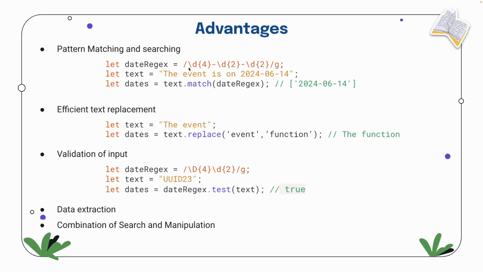You are seeing a regular expression with some other symbols; these symbols we are going to study further, so don't focus on them now, just try to understand the examples. Pattern matching means it will match and search. This is one advantage. Another is efficient text replacement, as we just replaced one word with another.